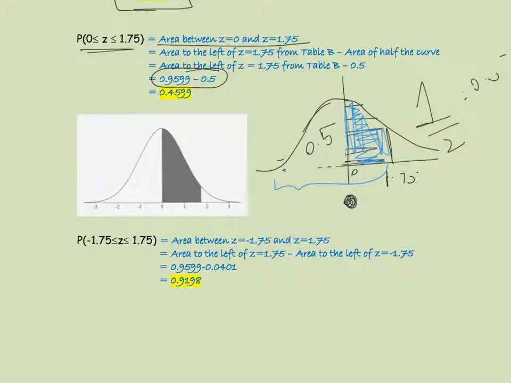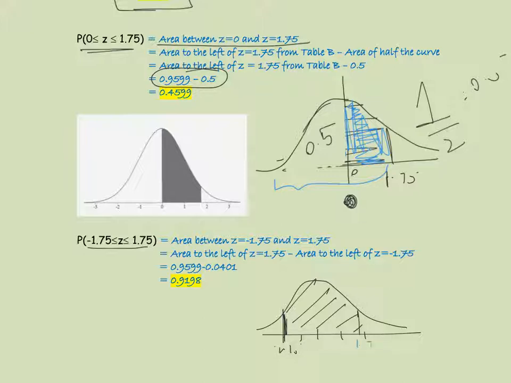Now suppose we want to find the area between negative 1.75 and positive 1.75. So we have 0 in the middle. This is 1, 2, so 1.75, 1, 2, negative 1.75, and this is positive 1.75. We need to find the area in between. First we find the entire area to the left of 1.75.